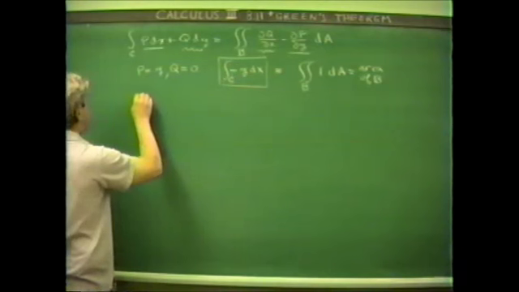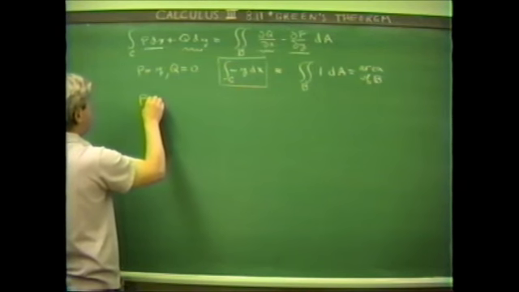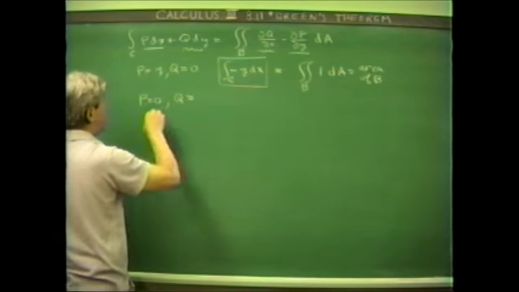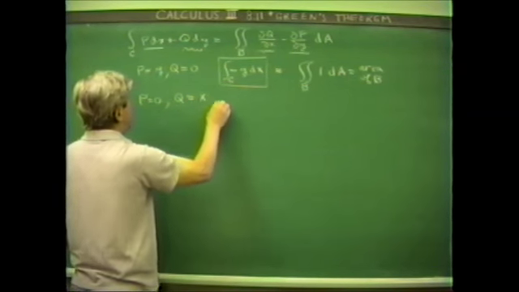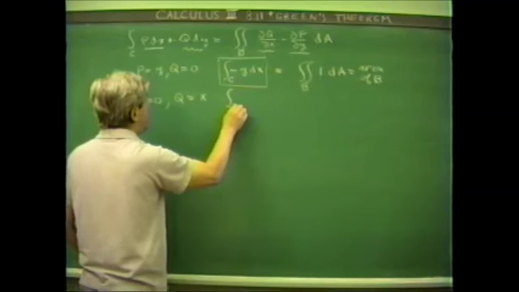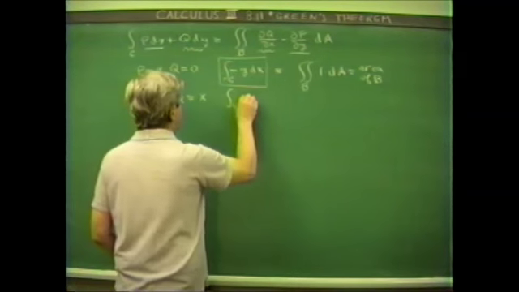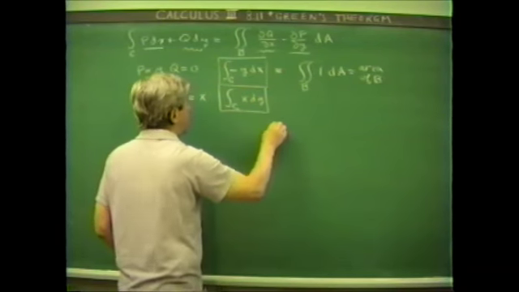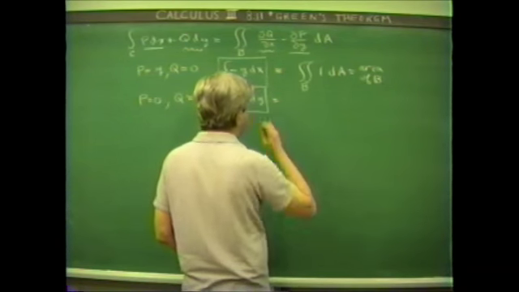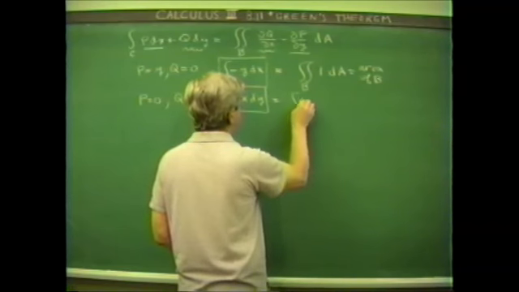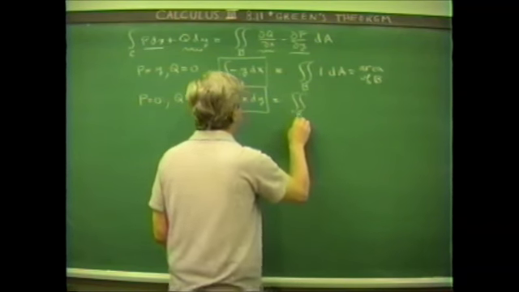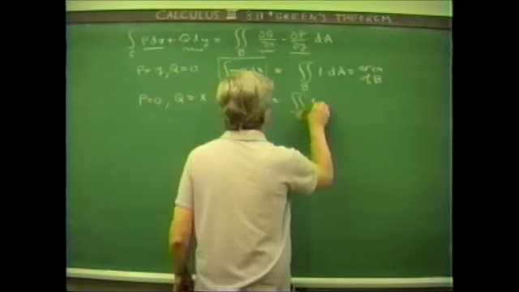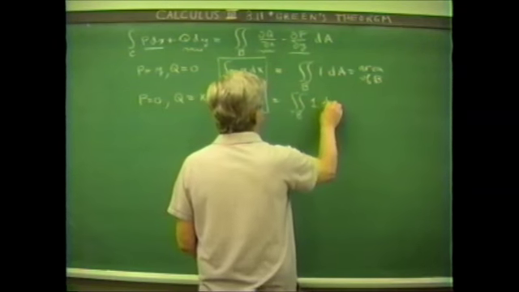Similarly here, if we let P be equal to 0 and Q be equal to x, we get that the integral around C of x dy is equal to the double integral over B. Here we now take the partial of Q with respect to x, that's 1. Partial P with respect to y is 0, dA.